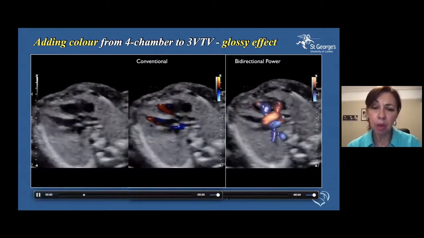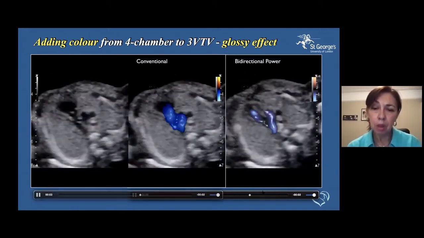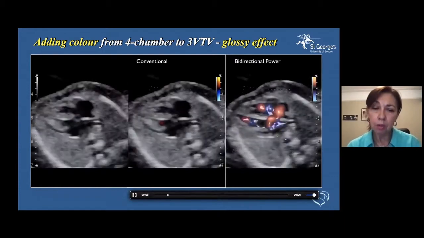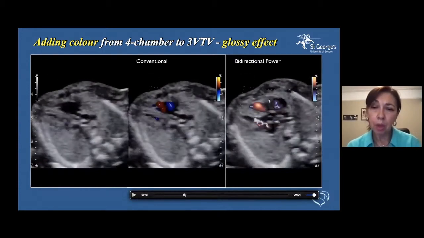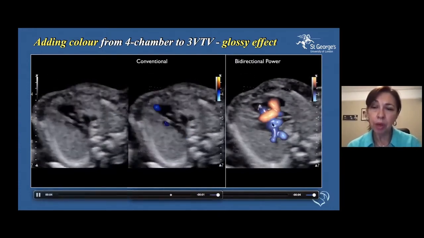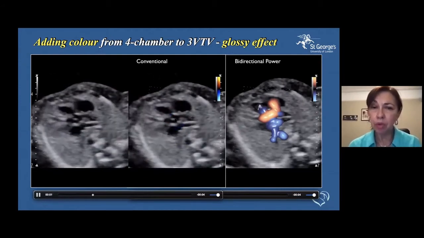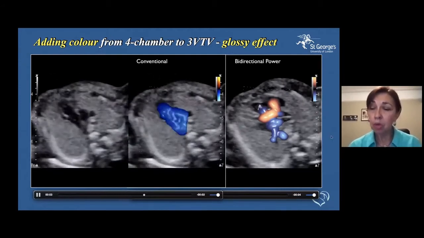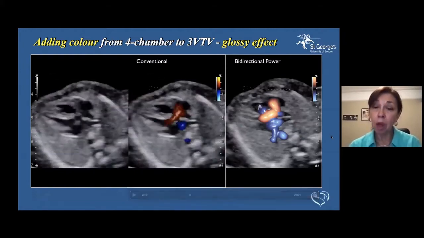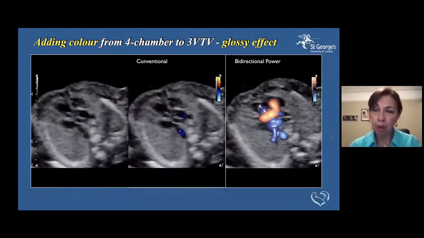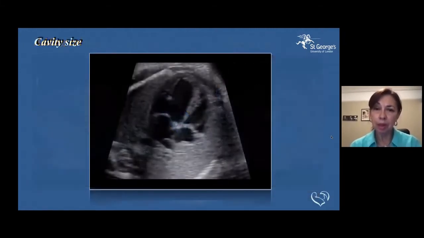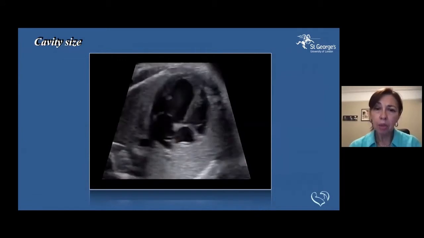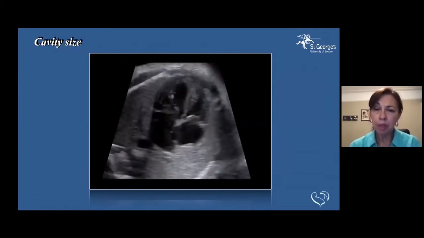So if I stop here for a second, we can see the details of the branch pulmonary arteries much more clearly than if we use conventional color. You can also use another color modality, which is E-flow, but I'll show that as I go along in the other slides.